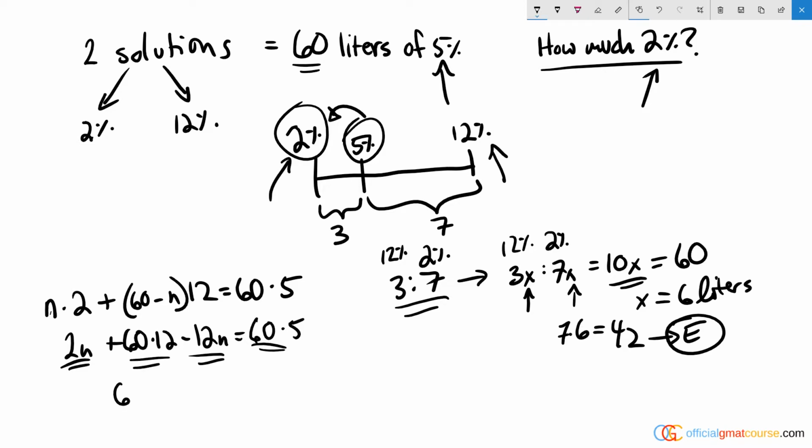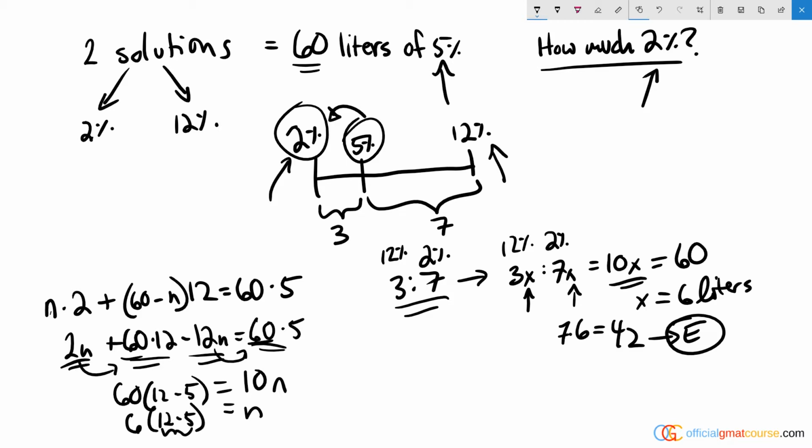So I'll get 60 times 12 minus 5, I distributed the 60 in each, equals 10n, because I'm going to have positive 12n and negative 2n on the right-hand side. And now if I divide by 10, I'll get 6 times 12 minus 5.